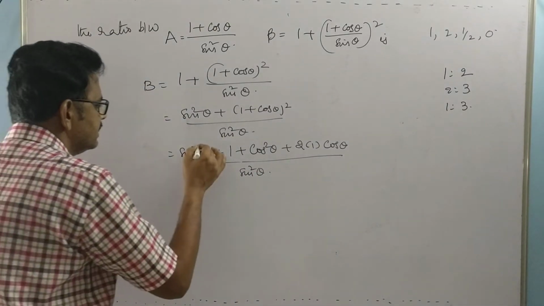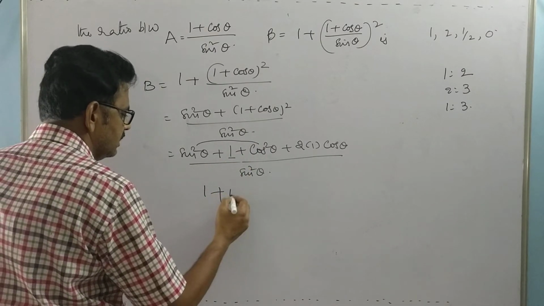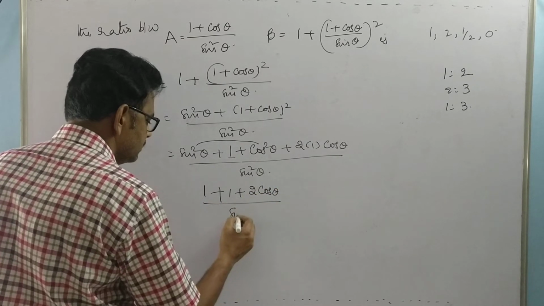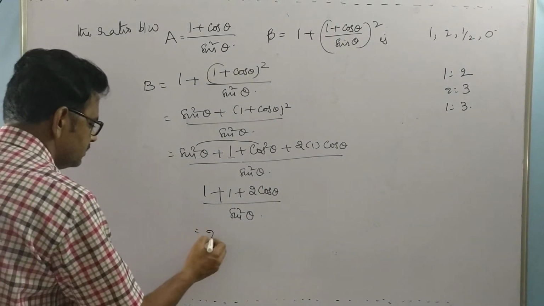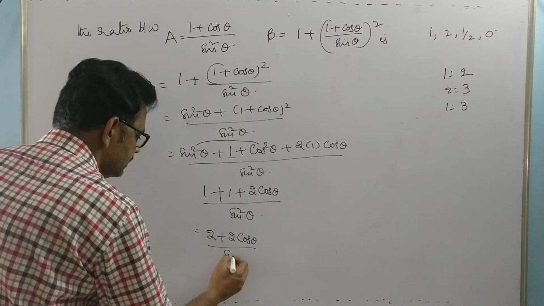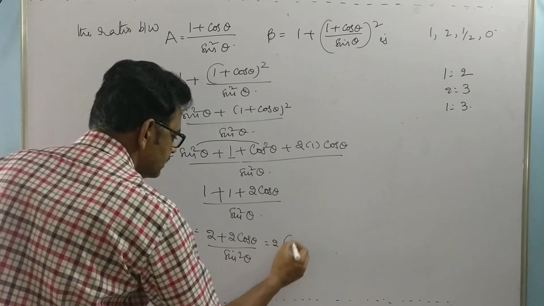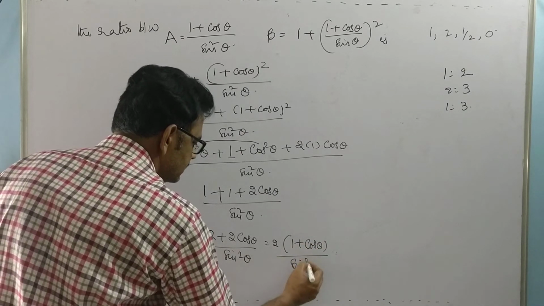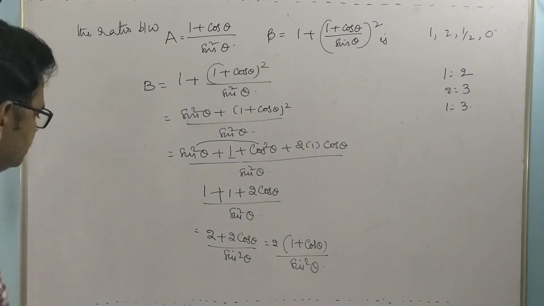Now sin square theta plus cos square theta is 1, plus 1 plus 2 cos theta by sin square theta. That is equal to 2 plus 2 cos theta by sin square theta. If you take 2 common, 2 into 1 plus cos theta by sin square theta.